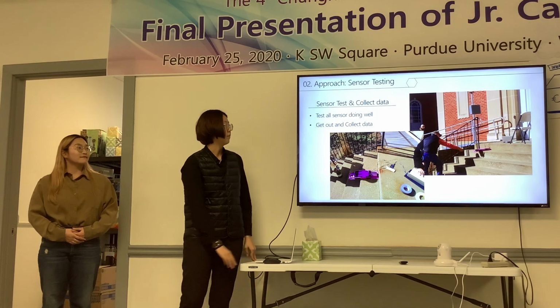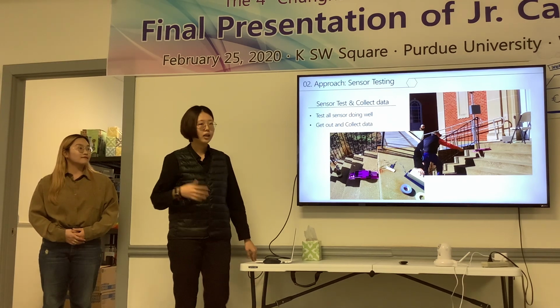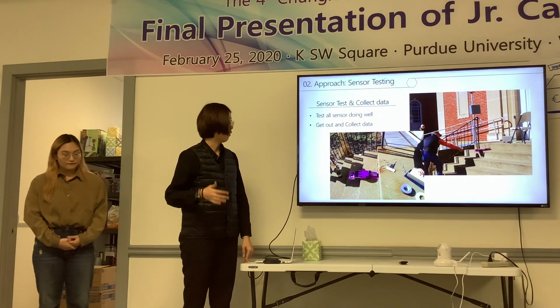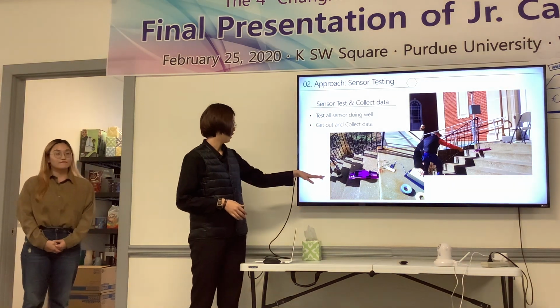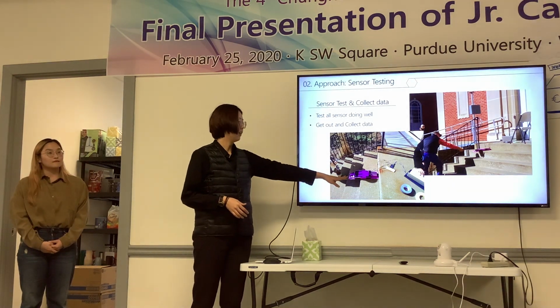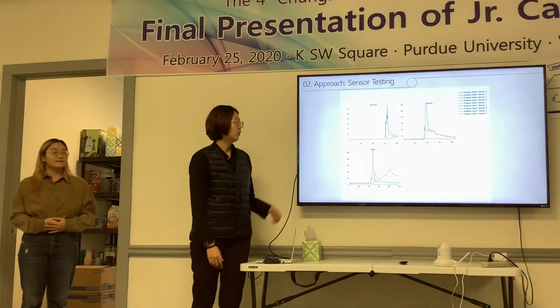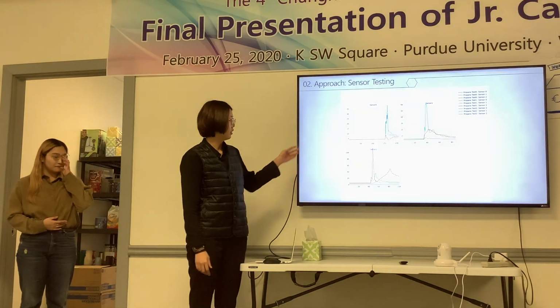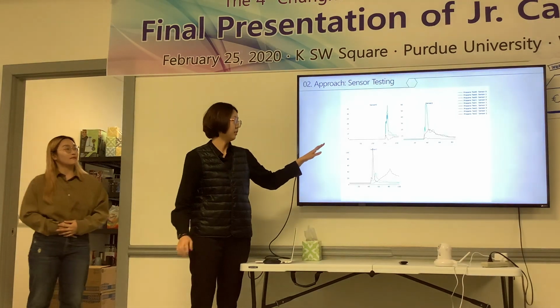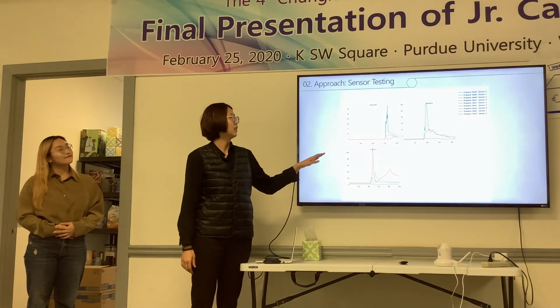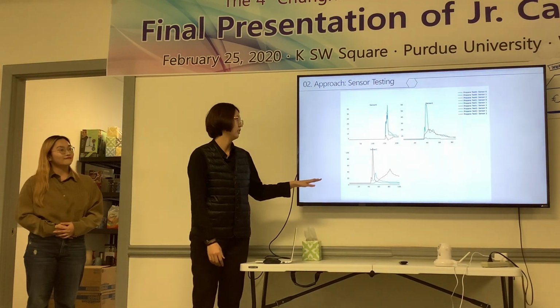So after our preparing, we tested that all sensors are doing well. We showed pure propane at each sensor, and we got this data. The blue line is sensor 0, the green line is sensor 1, and the orange line is sensor 2.